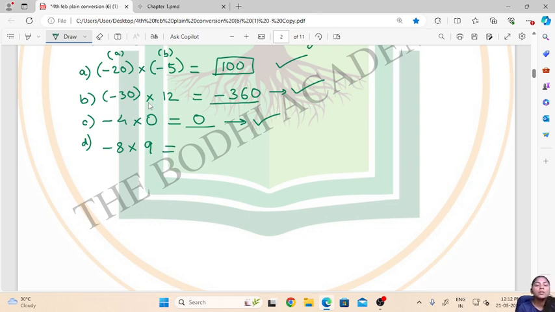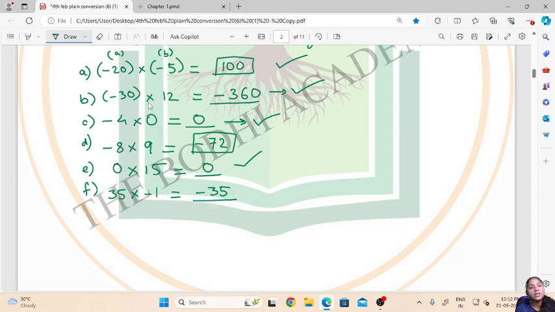The answer is minus 72, which is also an integer. Another example, 0 multiplied by 15, gives 0, which is also an integer. Then 35 into minus 1 gives minus 35, which is an integer.